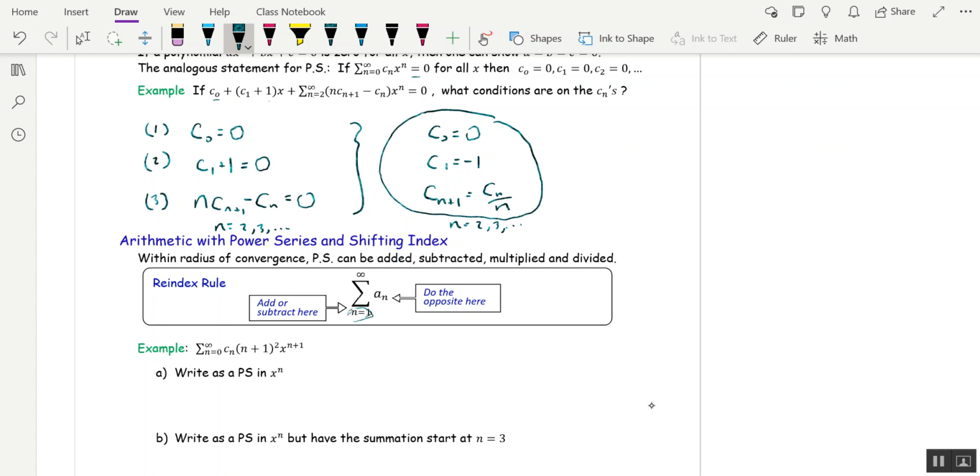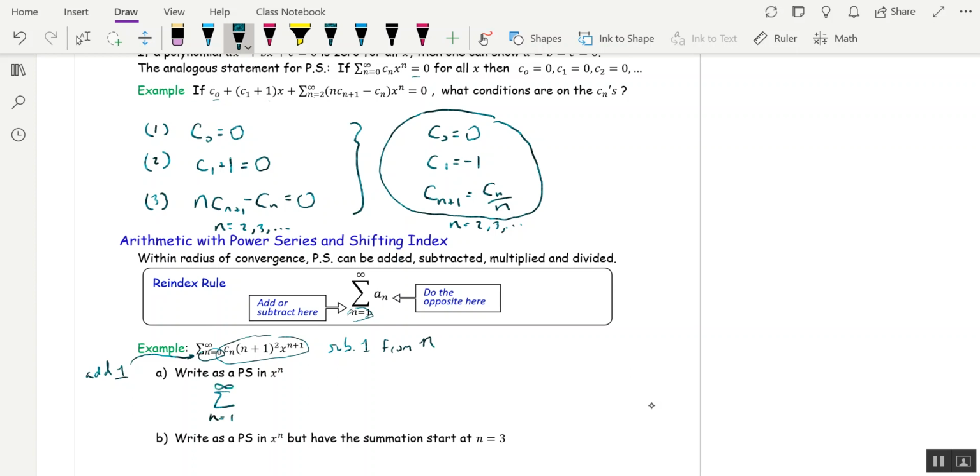So for example, if I want to take this power series, which is written in n plus 1, and reindex it so it's a power series in x to the n, that means that up here I'm going to need to subtract 1 from the exponent. So everywhere in this formula, I'm going to subtract 1 from n. That means that down here, I'm going to add 1. All right, so my power series is going to start at 1.